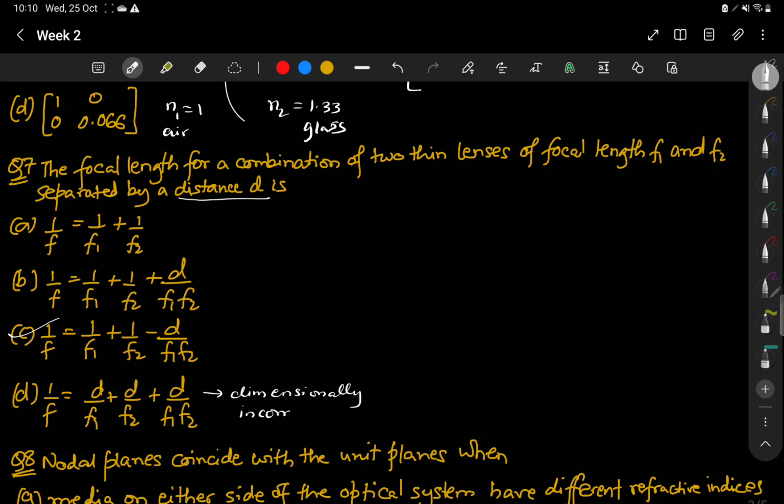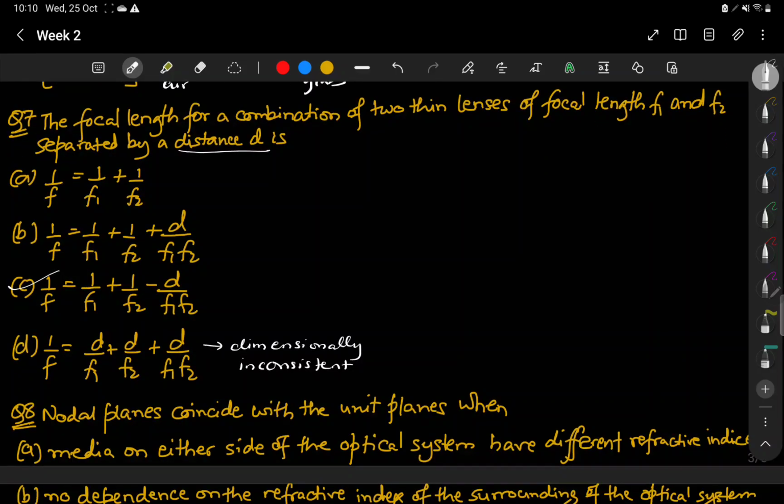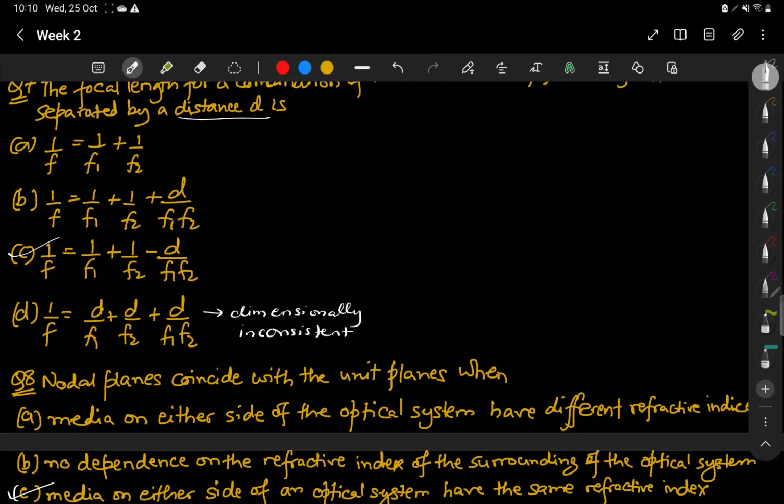In fact, inconsistent. Because the first term is d over f1, which is dimensionless. d has dimension of length, f1 has also dimension of length, so it is dimensionless. Whereas the last term has dimension 1 over length, because it is d over f1 f2.